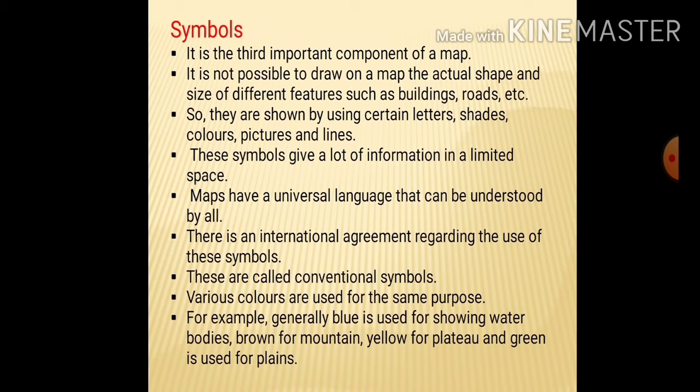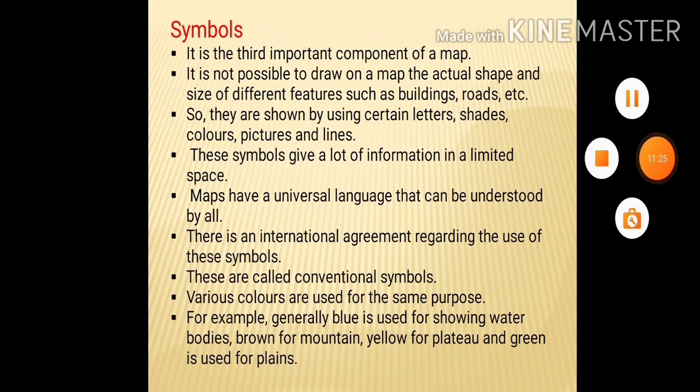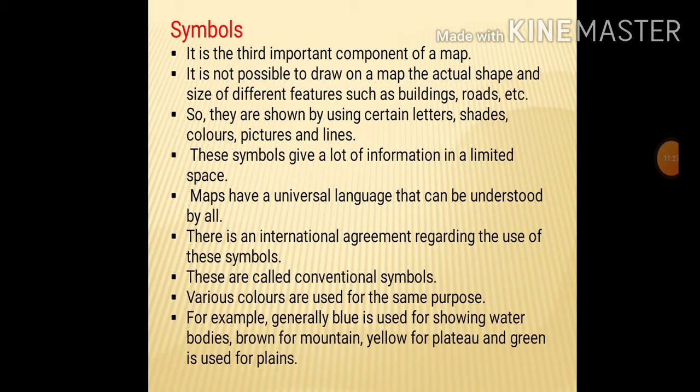It is not possible to draw on a map the actual shape and size of different features such as buildings, roads, etc. So they are shown by using certain letters, shades, colors, pictures and lines. These symbols give a lot of information in a limited space.